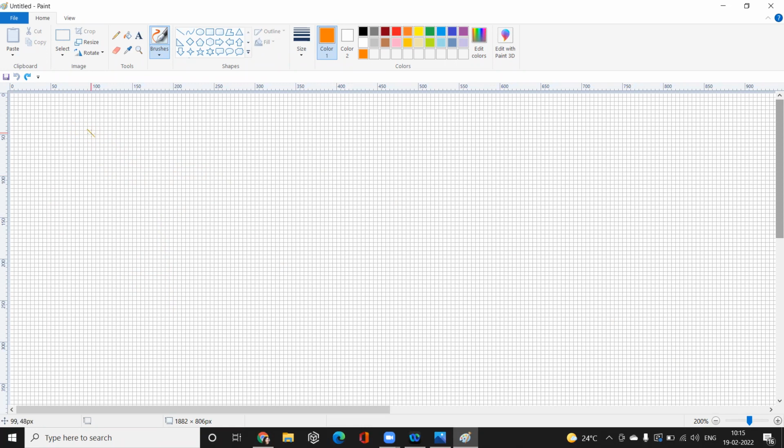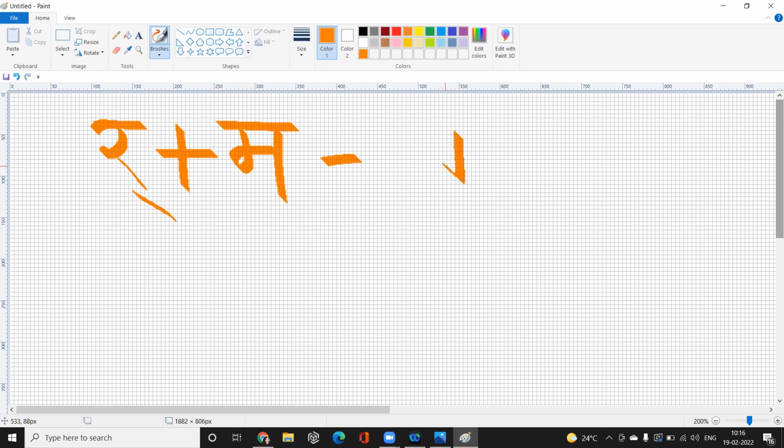Okay, so what we are understanding now is the use of R, matra R, with any letter. This R, when it is written as a matra with any letter, for example, with ma, in Devanagari, we write it like this.